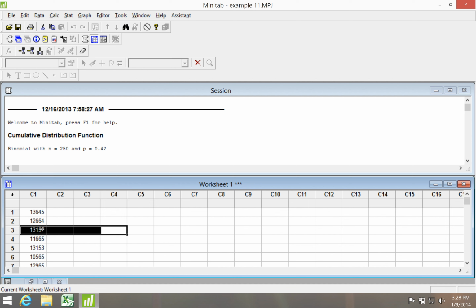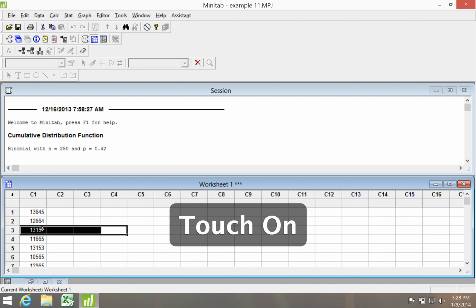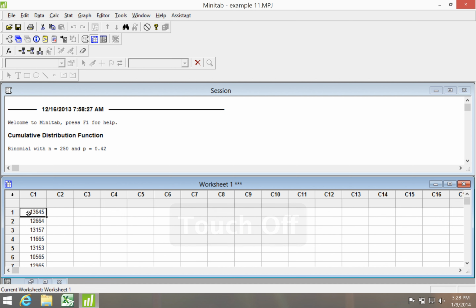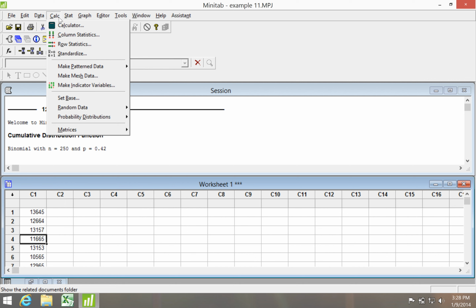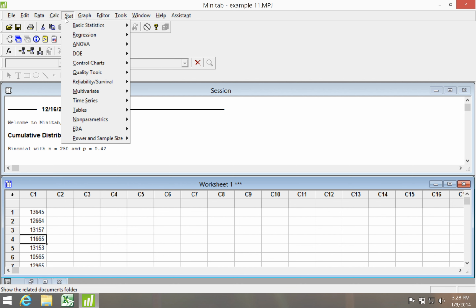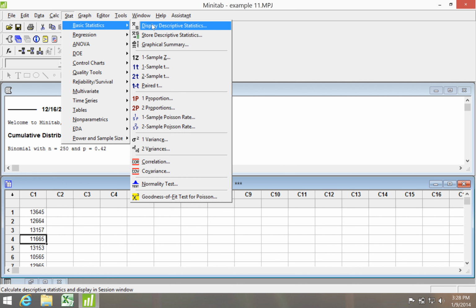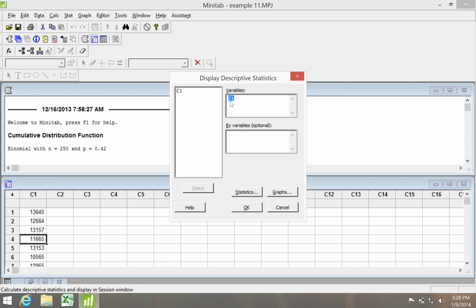In Minitab, because we have raw data in this case, I typed in all 10 values for the Ford Mustang asking prices. If I wanted the sample information like the sample mean and sample standard deviation, I could go to Stat, Basic Statistics, Display Descriptive Statistics.